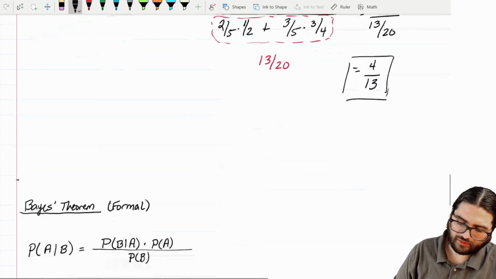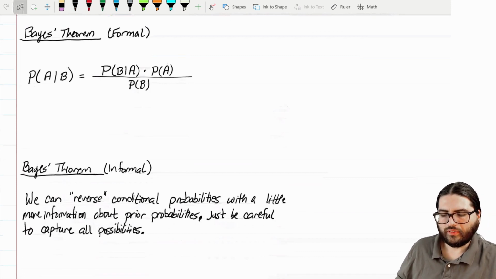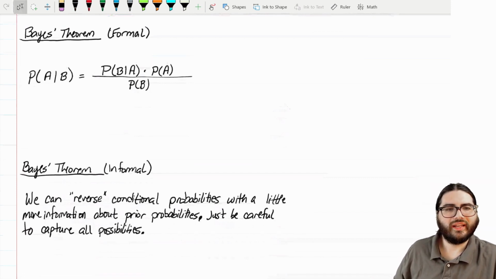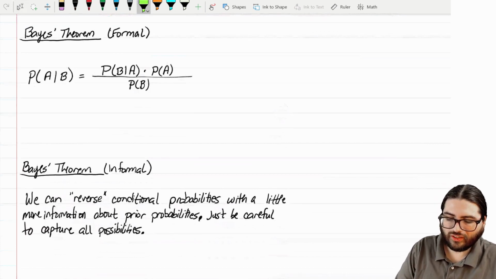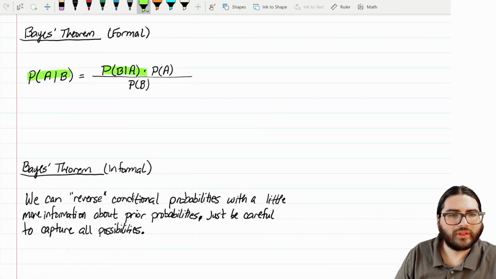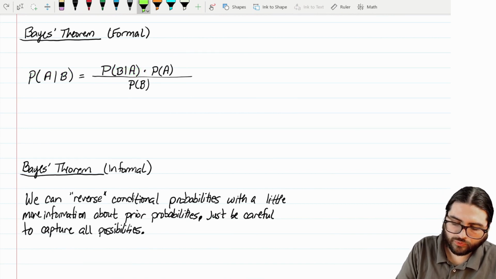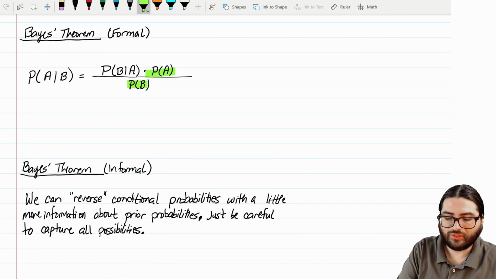Matter of fact, I can give you the formal statement of Bayes' theorem. Sometimes complicated ideas can come in very small packages. You can see in this formal statement of Bayes' theorem that basically I can turn around the conditional probability this way. But I have to also know what probability A is and probability B is.